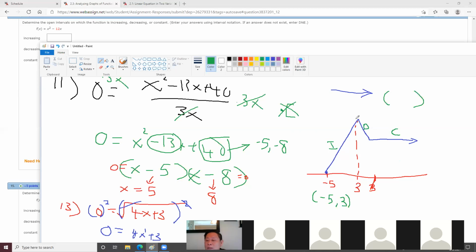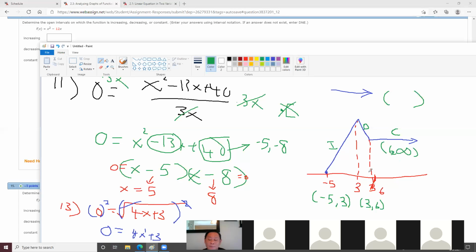What is the decrease here? Let's say this is 6. So the decrease is from 3 to 6. And the constant goes from 6 to infinity.